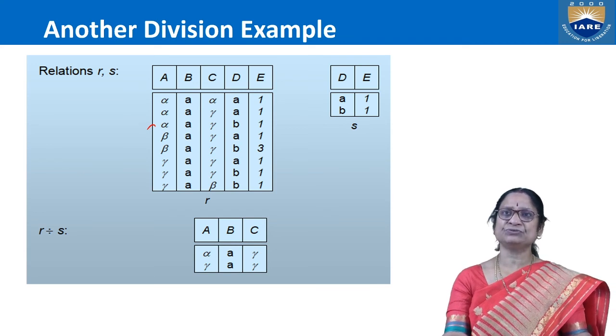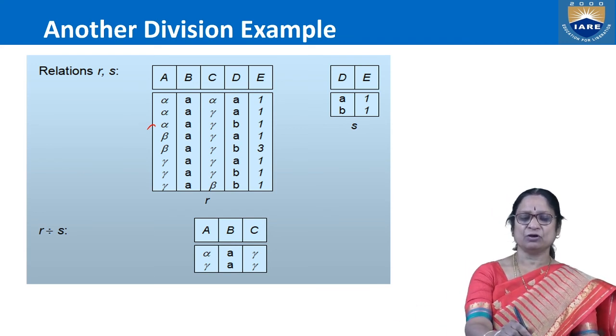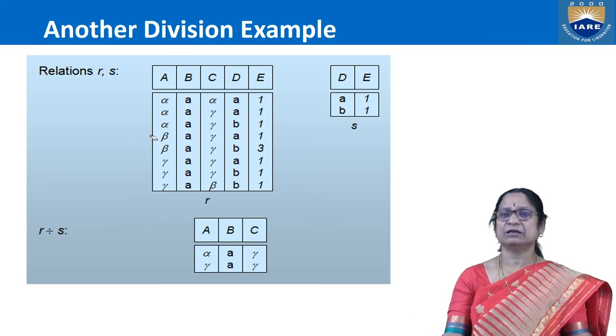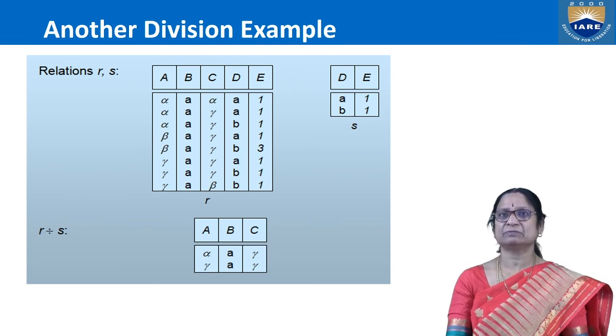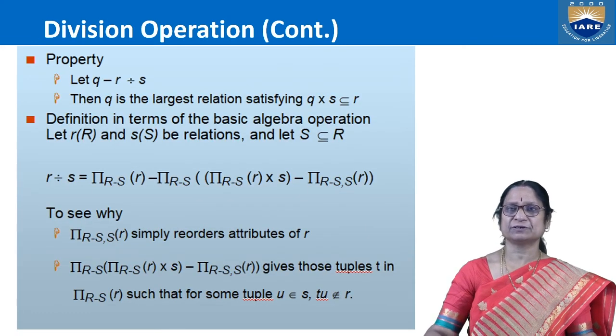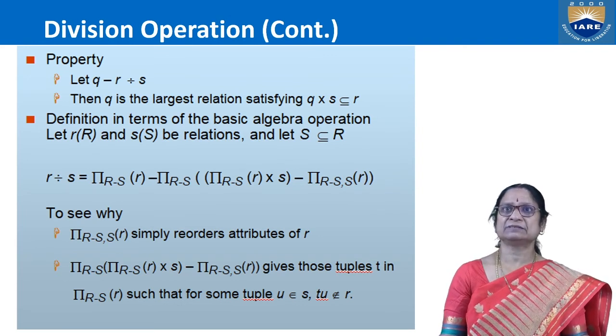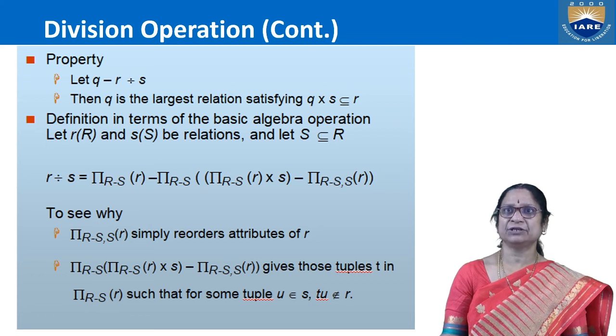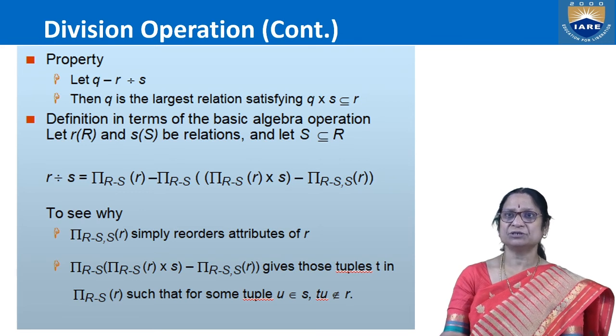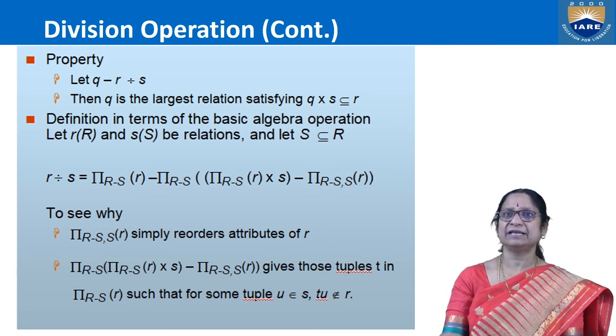This is used whenever a query consists of a "for all" option, then it is better to use the division operation. Division operation is Q equals R divided by S, where Q is the largest relation satisfying the Cartesian product Q cross S contained in R.